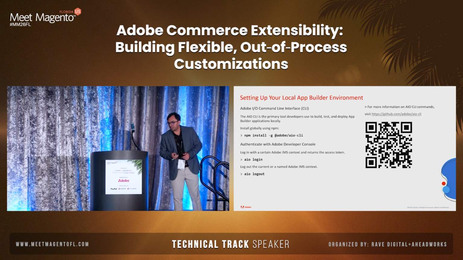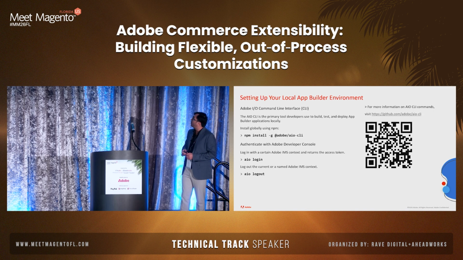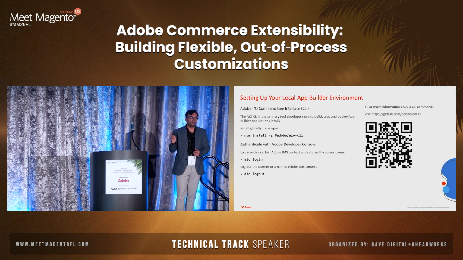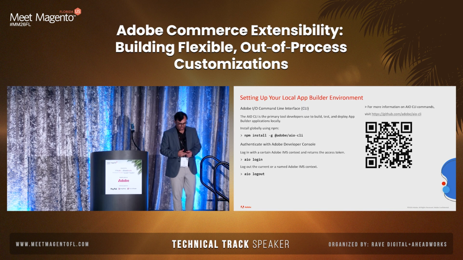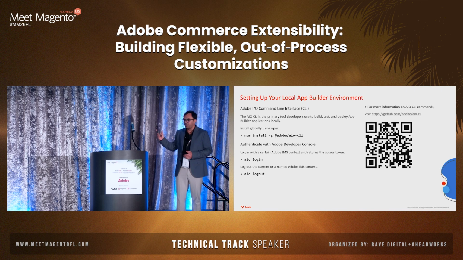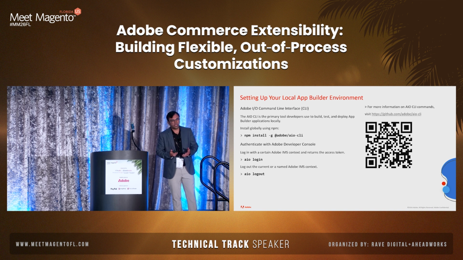Next up is how to set up a local instance for App Builder. If you look at the command here, npm install -g @adobe/aio-cli, this is the command you require to install the Adobe aio CLI tool on your local system. This is a tool which you will use to build, test, and deploy your App Builder applications.